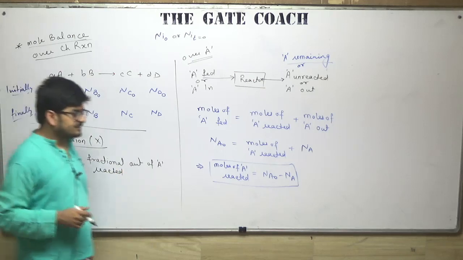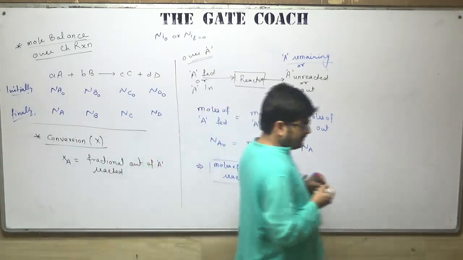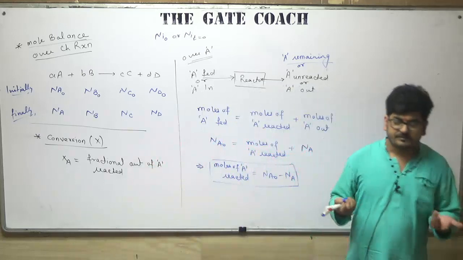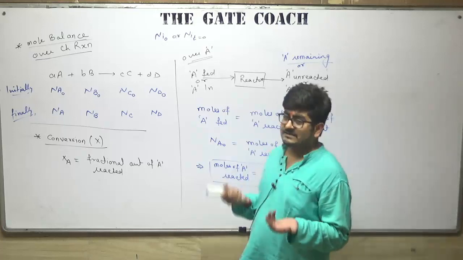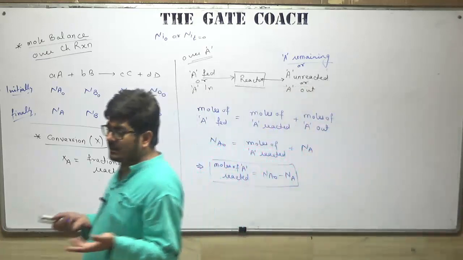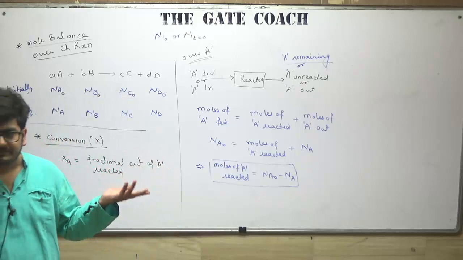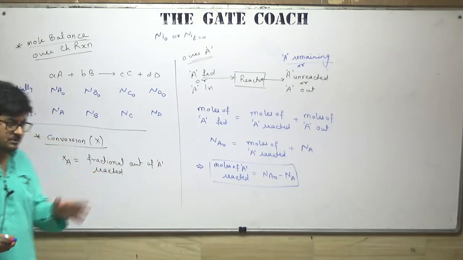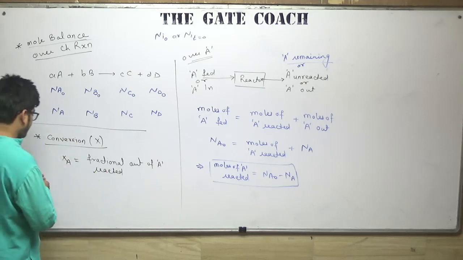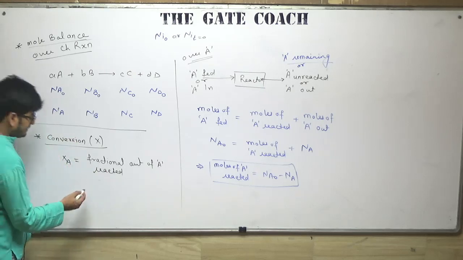Remember this, okay? Because sometimes we know all these things, but because of hurry or excitement, we say conversion is the amount of A reacted, the amount of the reactant converted. No, it is the fractional amount. And what is the fractional amount?